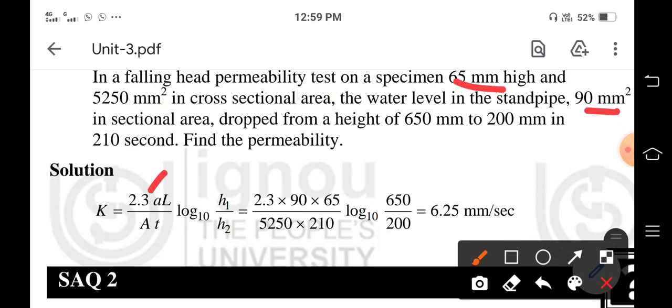Capital A is the area of the soil sample, that is 5250, and T is the time, that is 210 seconds. h1 is the initial head, 650, and h2 is the final head, that is 200 mm. So our permeability is 6.25 mm per second.